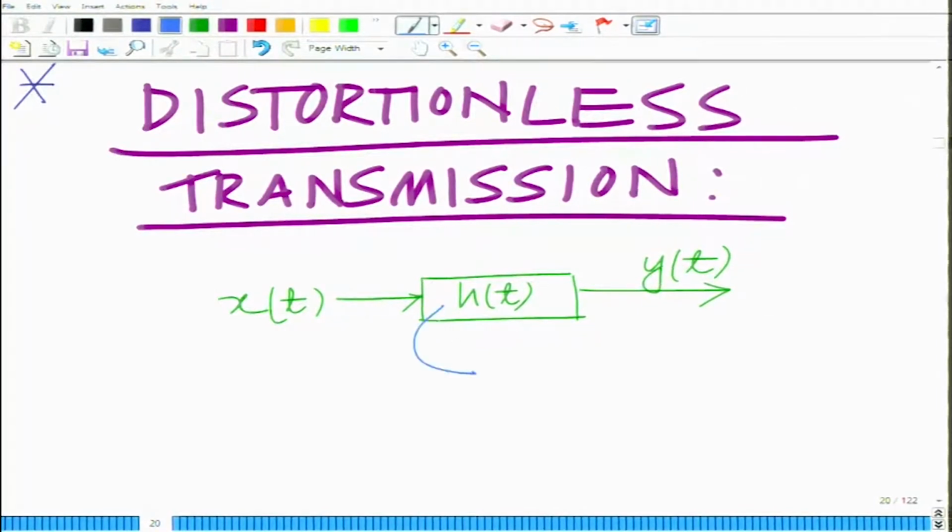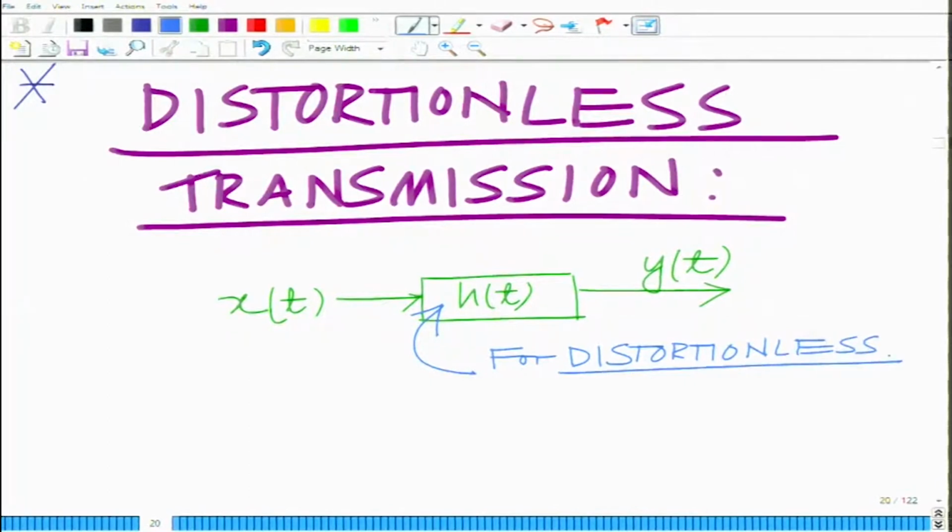Now, for this system to be distortionless, let me just write it, that is no distortion.